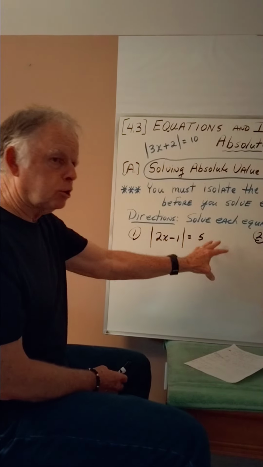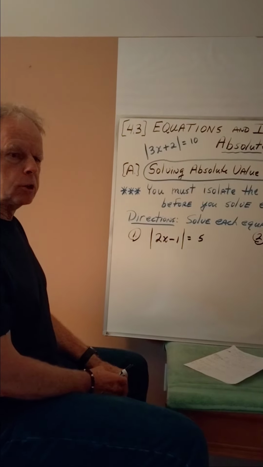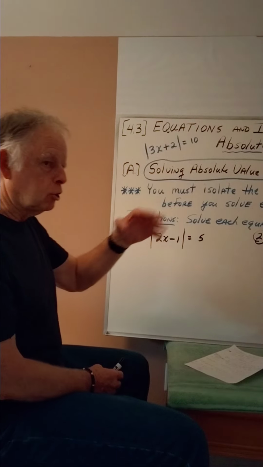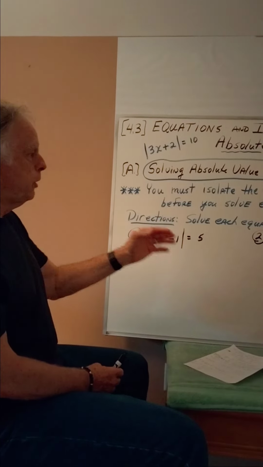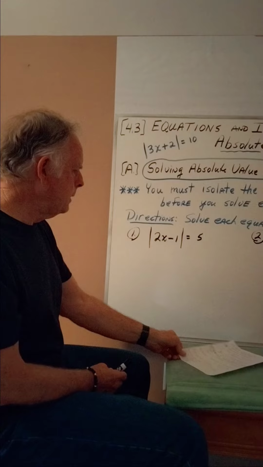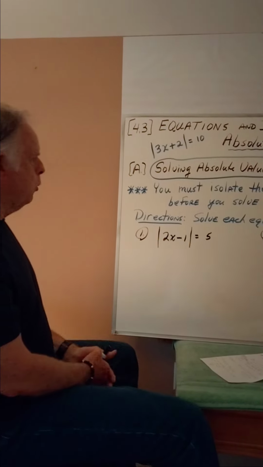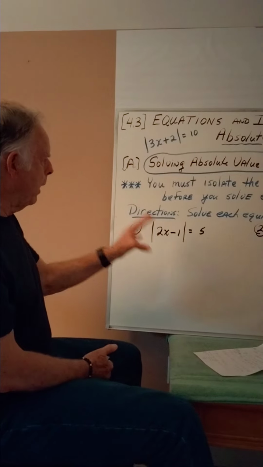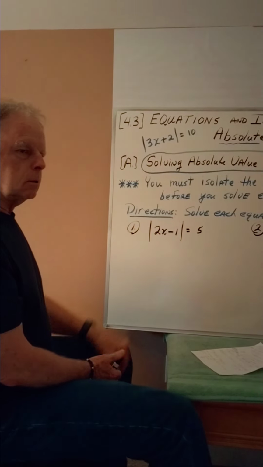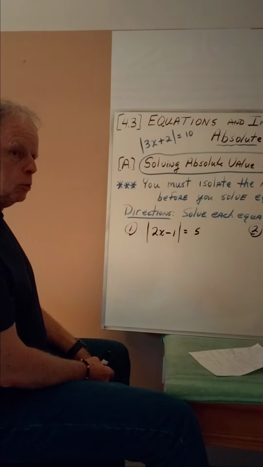But we will also look at the other 2 types where there is no solution or where there is just going to be one solution. And we will be able to tell what type we're dealing with when we get to the solving of each one of the equations.